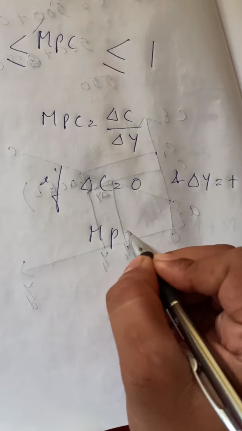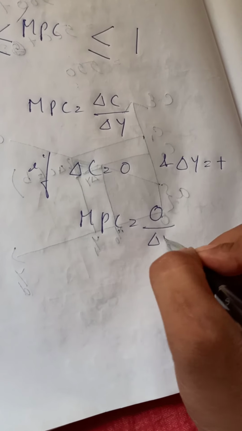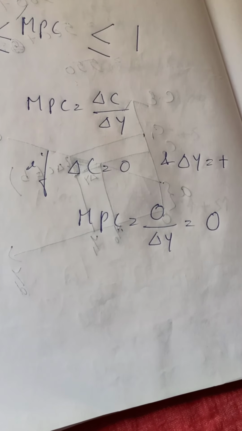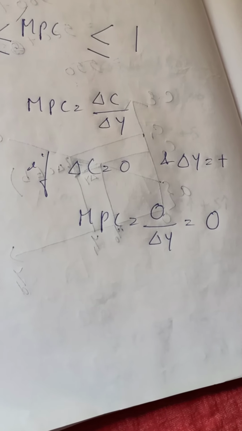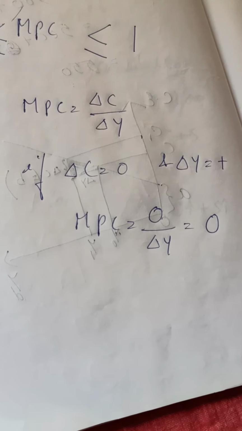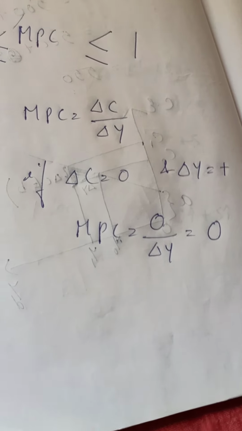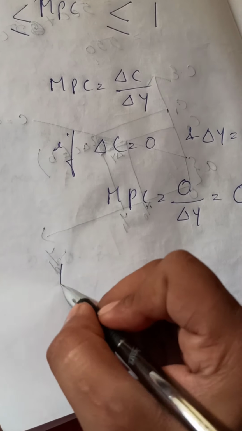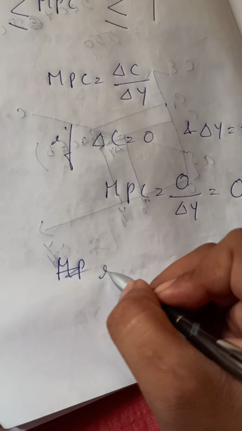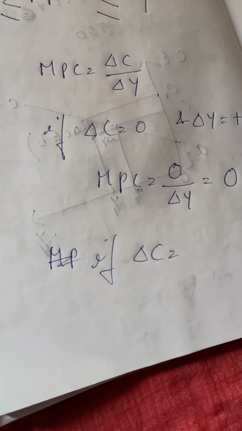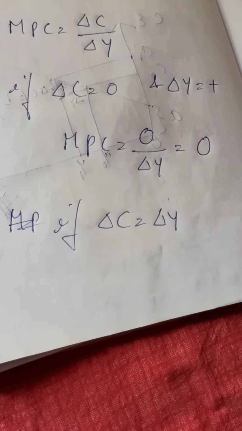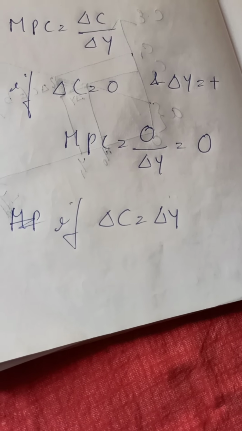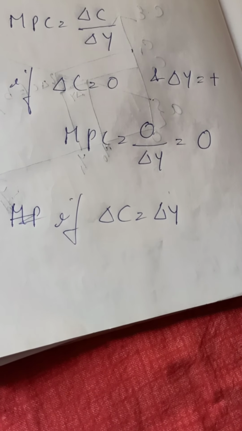So in that case, MPC will be 0 by del Y, and 0 divided by something is 0. So whenever you are saving your entire additional income and not consuming anything, then your MPC is 0, meaning your willingness to consume is 0. Then if del C is equal to del Y, in this case you are spending your entire additional income on additional consumption, you are not saving anything.